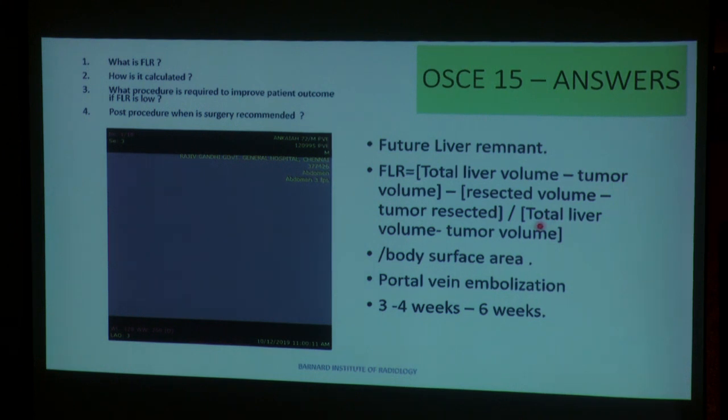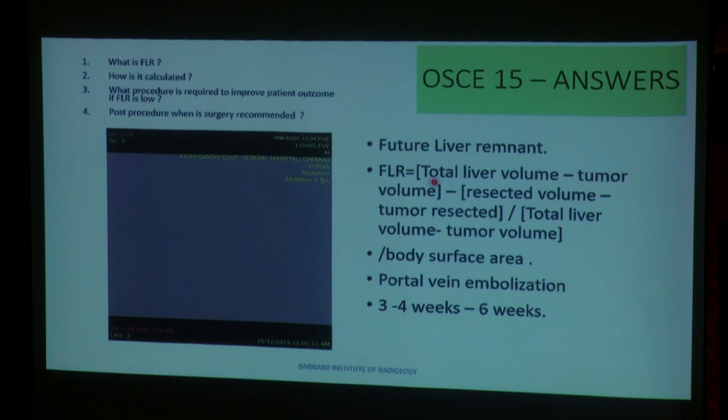The functional volume means you are subtracting the volume caused by the tumor, because that is not going to help in liver function. So this FLR should be at least 20% if the patient has normal liver function, and in cirrhotic patients it should be 40.